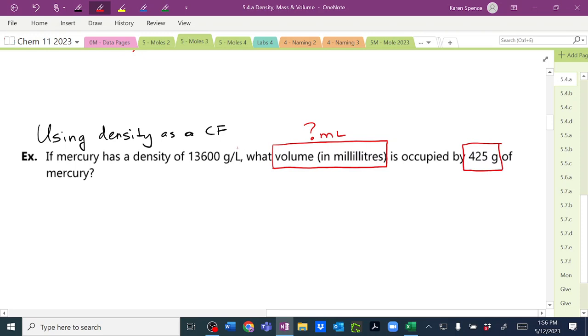Now, anytime we see a slash notation like this, it means we should be rewriting it as 13,600 grams over liters, because that way we have a unit on the top and a unit on the bottom, and we're not going to get mixed up about where those liters are. Okay, so this is a conversion factor.